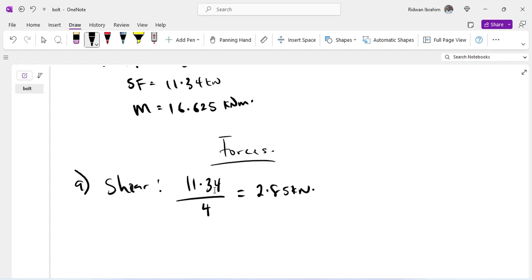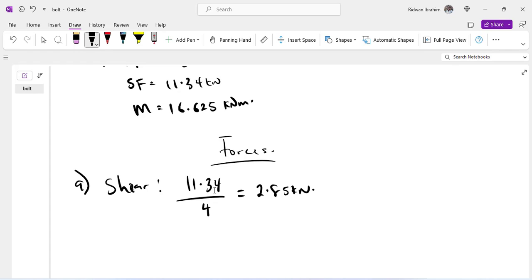That is the shear force on each bolt. So I just need to know if the shear capacity of each bolt is not less than 2.85. Because if the shear capacity of each bolt is less than 2.85, that means this shear force is strong enough to shear the bolts.